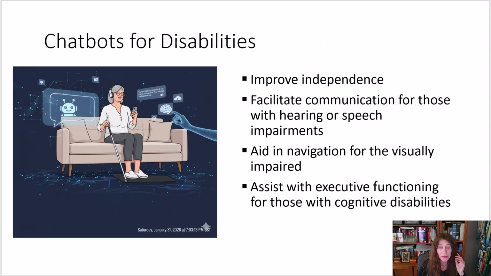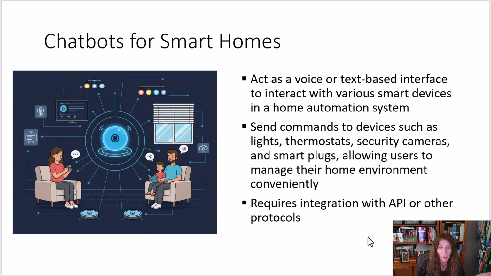Chatbots have improved the lives for those with disabilities. It improves their independence, can facilitate communication for those who are hearing or speech impaired, aid in navigation for visually impaired, and assist with functions for those who might have cognitive disabilities. And we also have these smart bots for our smart homes.